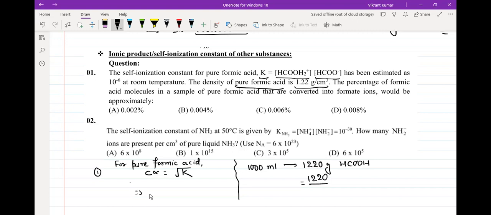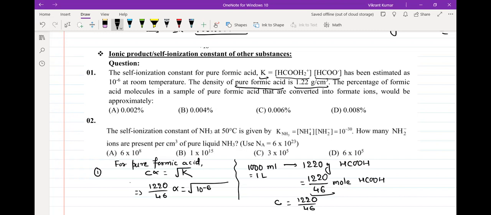If you calculate the molecular mass, this is 12 plus 32, so 46. So these many moles of HCOOH I'm getting. This is 1 liter. 1 liter is having these many moles, and that's why C is nothing but 1220 upon 46. And that's why we'll write 1220 upon 46 into alpha will be root under the value given here, 10 raised to minus 6.